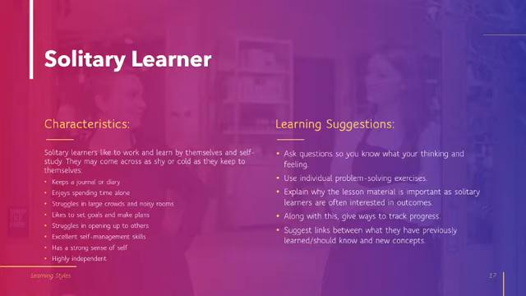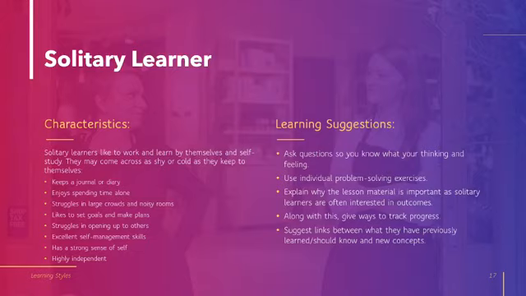Suggest links between what they have previously learned or should know and new concepts. So in that sense, you're kind of unlocking previously known information or prior experiences. When that is being engaged, you can help make those connections and they're going to learn so much more effectively.